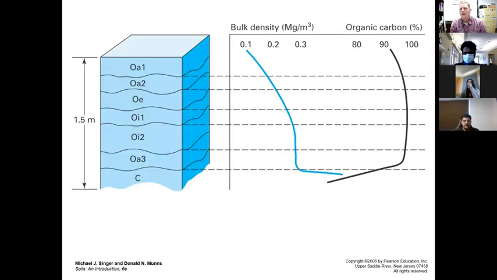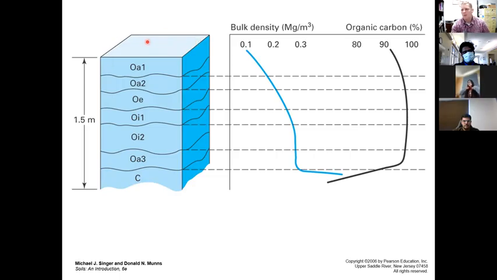Okay. So this unit right here is what we call a pedon, okay? And generally a pedon is about a meter deep, and you can see it's three-dimensional, right?